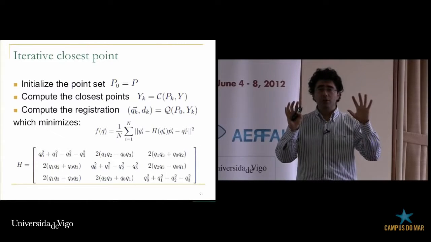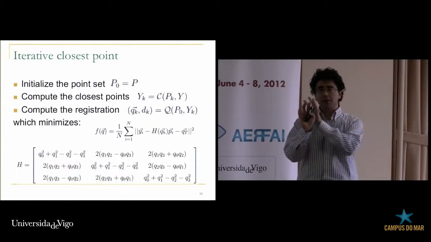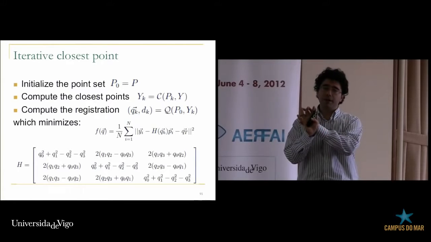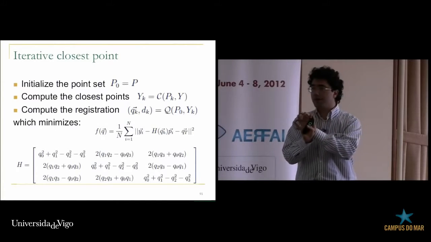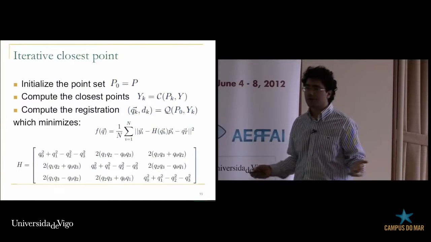I will find the closest point in the second point cloud for 30,000 points. And then I will do the rotation translation, which minimizes my point-to-point error. And I'm going to do this iteratively until it converges somewhere.